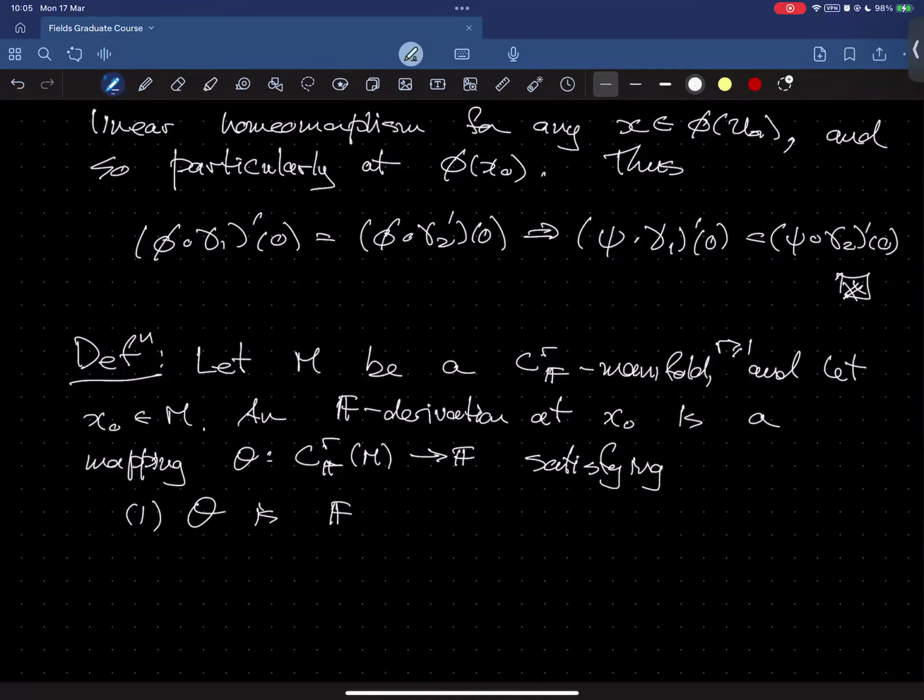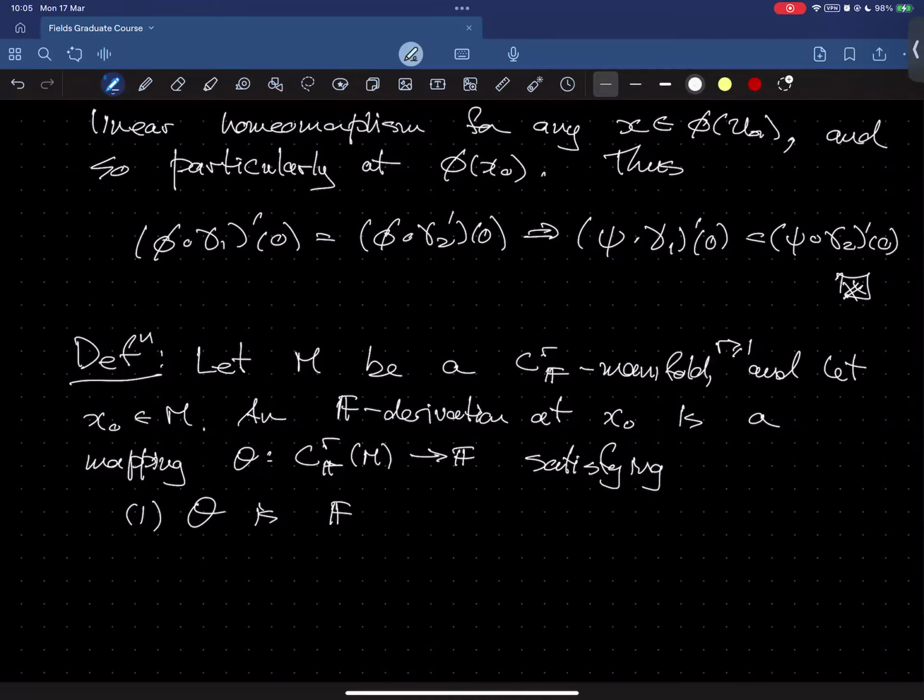Okay, good. So T x naught M is the set of all tangent vectors, and this is what's called the tangent space. So this introduces the notion of the tangent space.